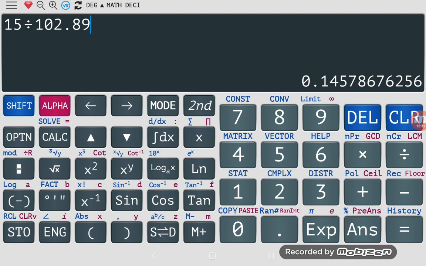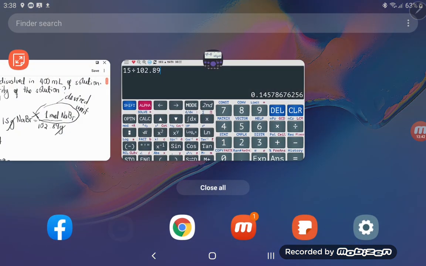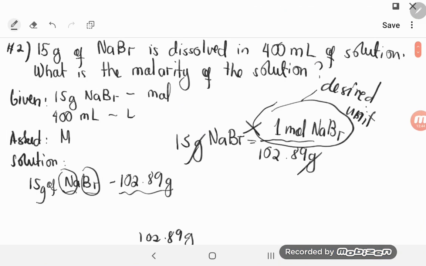That gives us 0.15. Okay, so let's go back to our whiteboard. Okay, so this gives us the answer of 0.15. Now we will be using the unit mole.